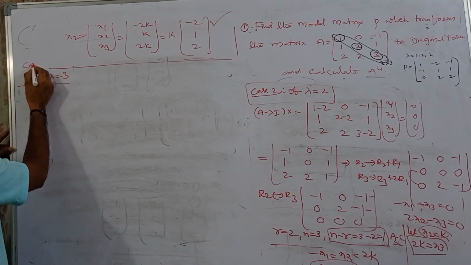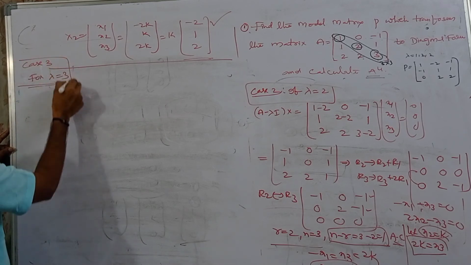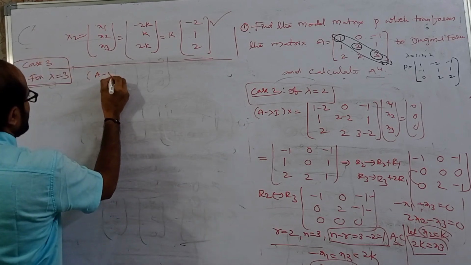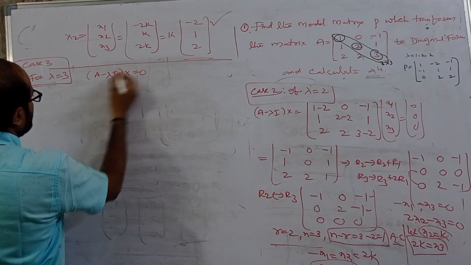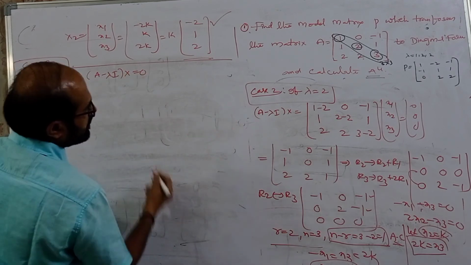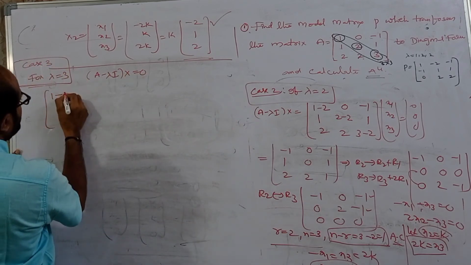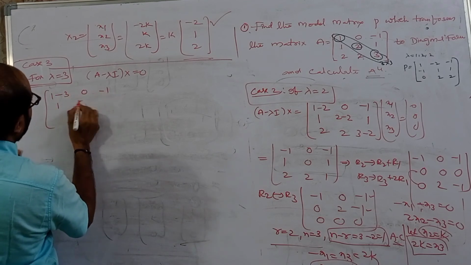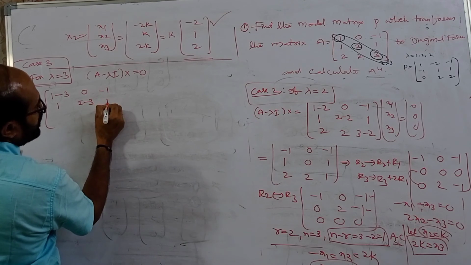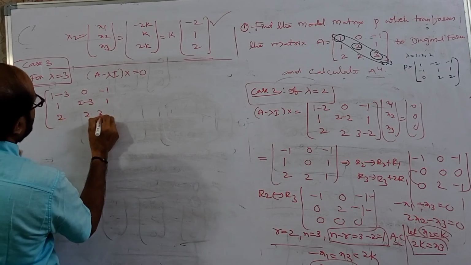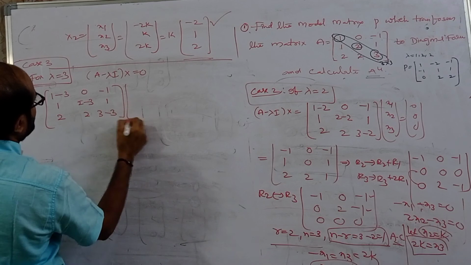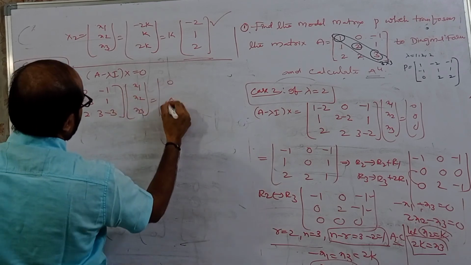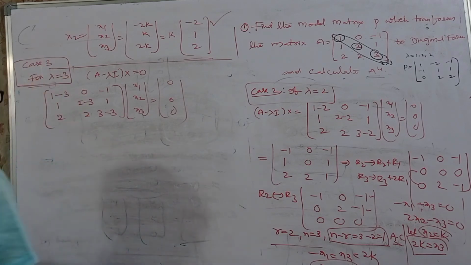Next case 3: for lambda equal to 3 we should find eigenvector x3. Then again A minus lambda I into x equal to 0, that is 1 minus lambda, 1 minus lambda is 1 minus 3, 0, minus 1, 1, 2 minus lambda, 2 minus 3, 1, 2, 2, 3 minus lambda, 3 minus 3, into x1, x2, x3 which is equal to 0, 0, 0, right?